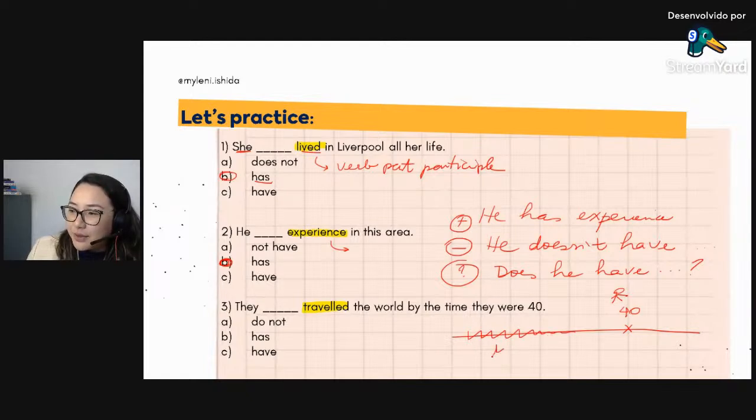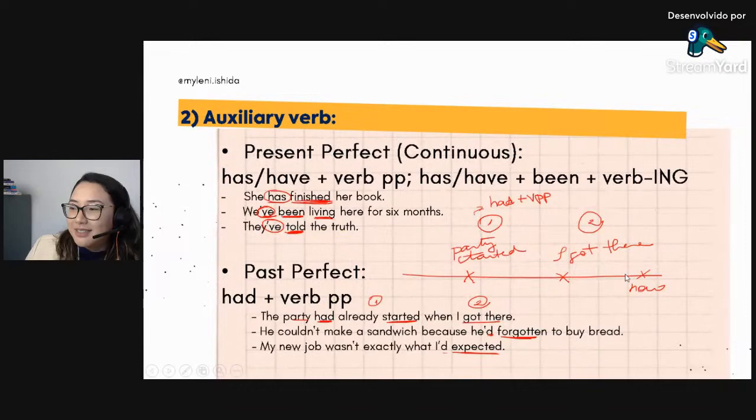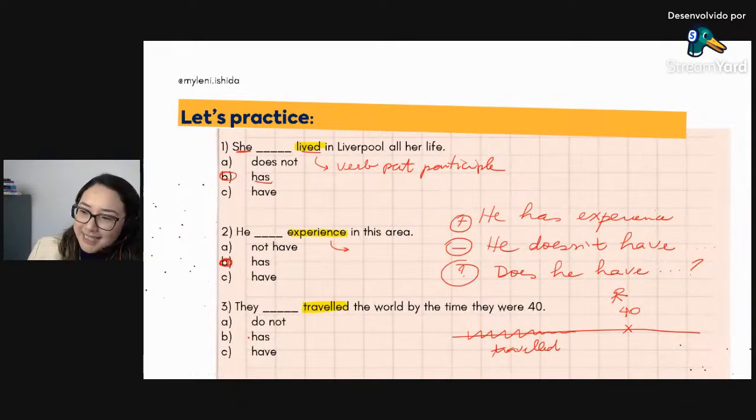And here he traveled. What happened first? Traveled. When I have a verb tense that tells me that two actions happened in the past and one action happened before another one, I use the past perfect, right? Look, two actions that happened in the past and one action happened before the other one. Had. That's why I have to cancel here, it is had, not has. Okay.